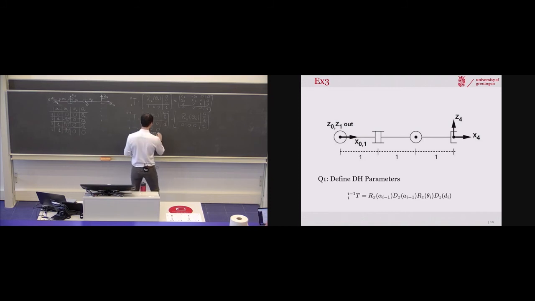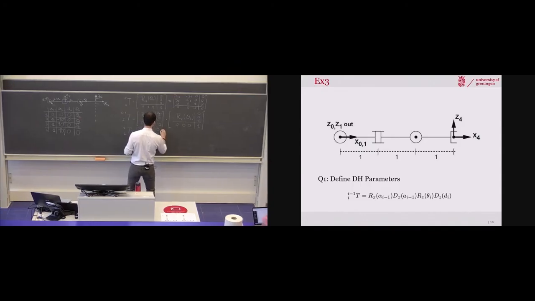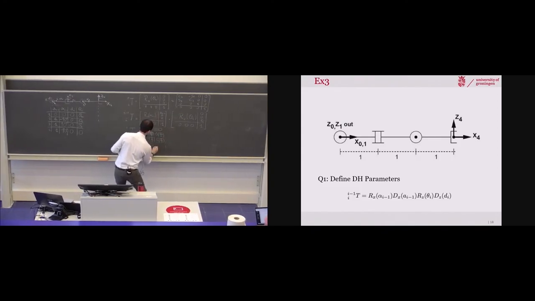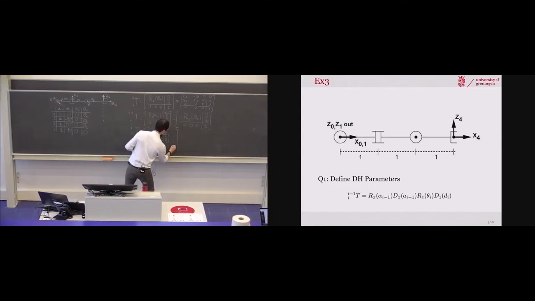And here I have minus sine of pi half. Here I have sine of pi half. And here cosine of pi half. Okay? Here I have 0, 0, 0. Okay? Here I have a 1.